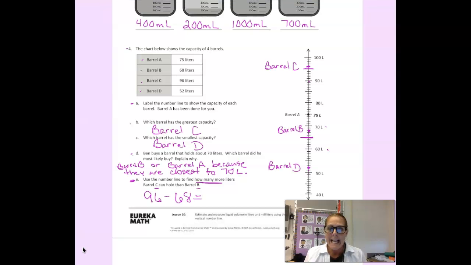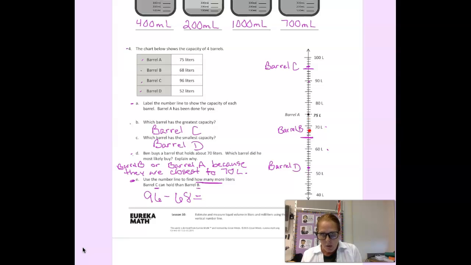So to find 96 minus 68, I'm going to come over to the number line, and I'm going to start at barrel B because that's our smaller amount, and we're at 68, which is just 2 tick marks before the 70. So what I can do is I can count by fives, but I have to make sure that I'm always going to that same tick mark, which is 2 ticks before the 5 marker.